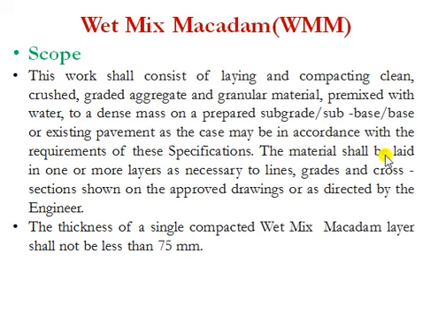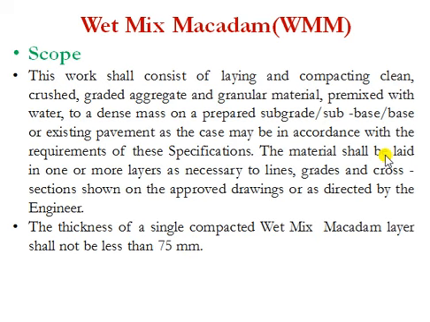So the wet mix macadam pavement consists of materials like crushed stones, graded aggregates and granular material which are compacted by mixing the material with water. Hence water is added, and the mix will be a dense mass. The prepared mix is laid on the subgrade, or on the base, or on the existing pavement.